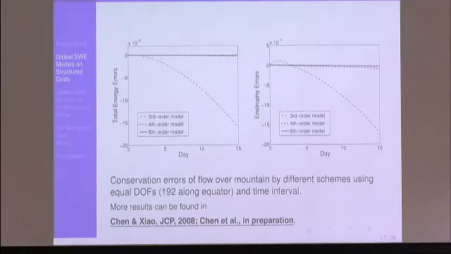We can see that increasing the accuracy order, that is, using higher order schemes, can also reduce the conservation errors for total energy and potential entropy. So higher order models are very useful in atmospheric simulations.